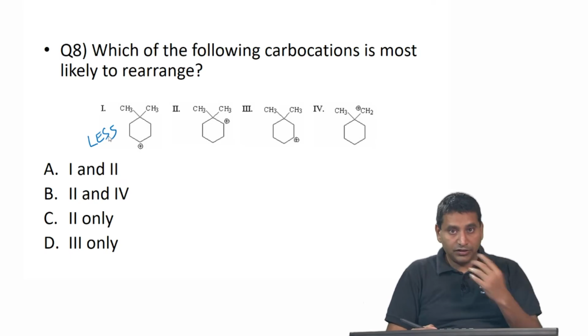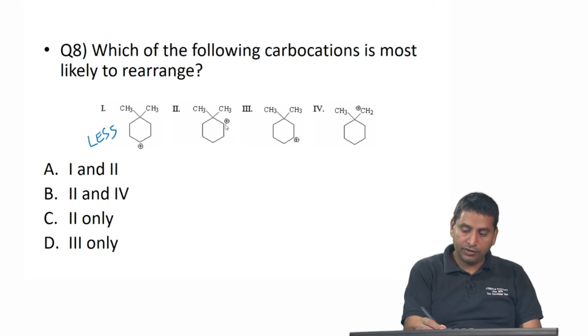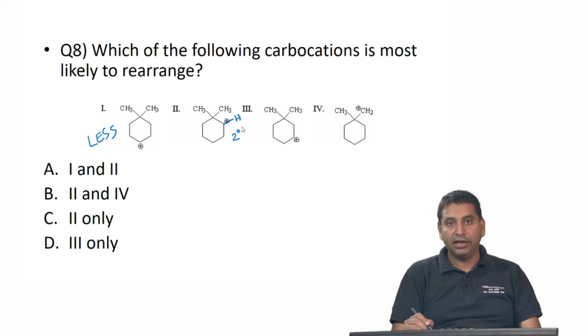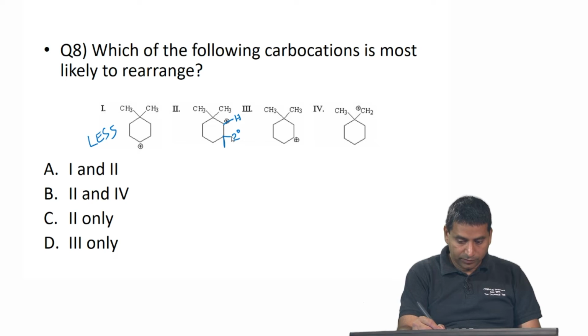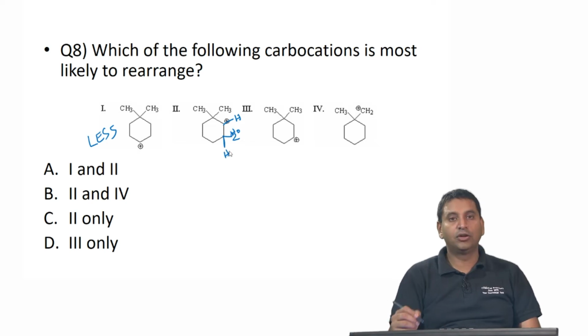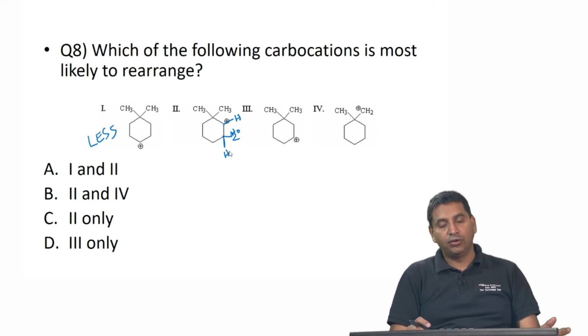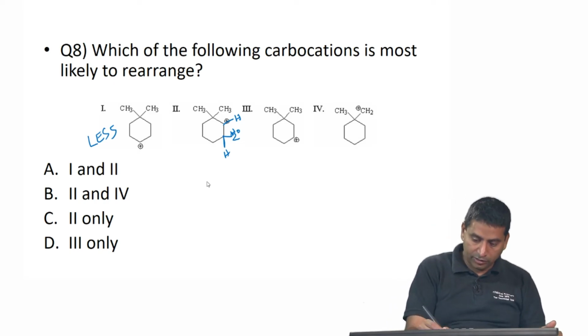Now, let us look at the second case where we have this particular carbocation over here, and just to draw this, this is a secondary carbocation again, right. And what we would expect is that there are two hydrogens next to it, and if either of these hydrides migrate, it is going to end up with another secondary carbocation, which I am going to draw here.